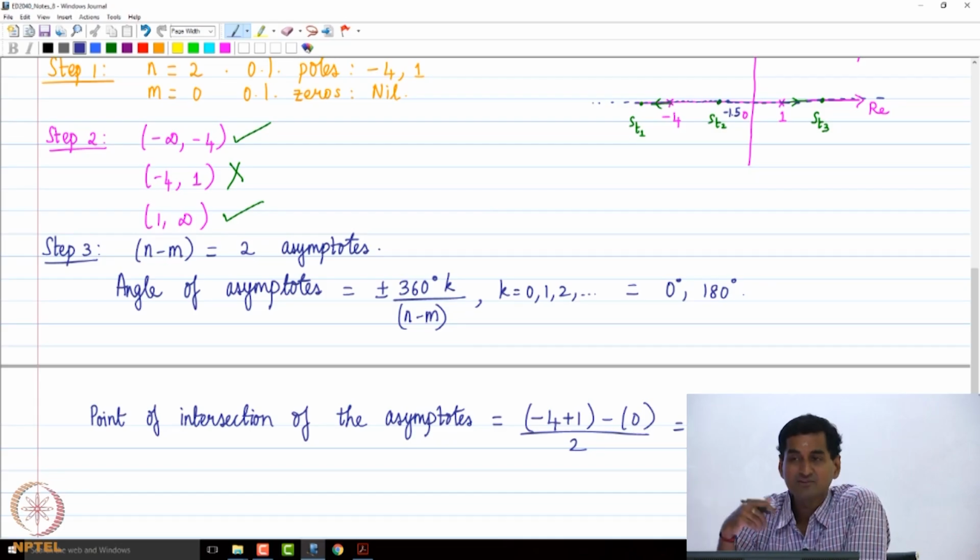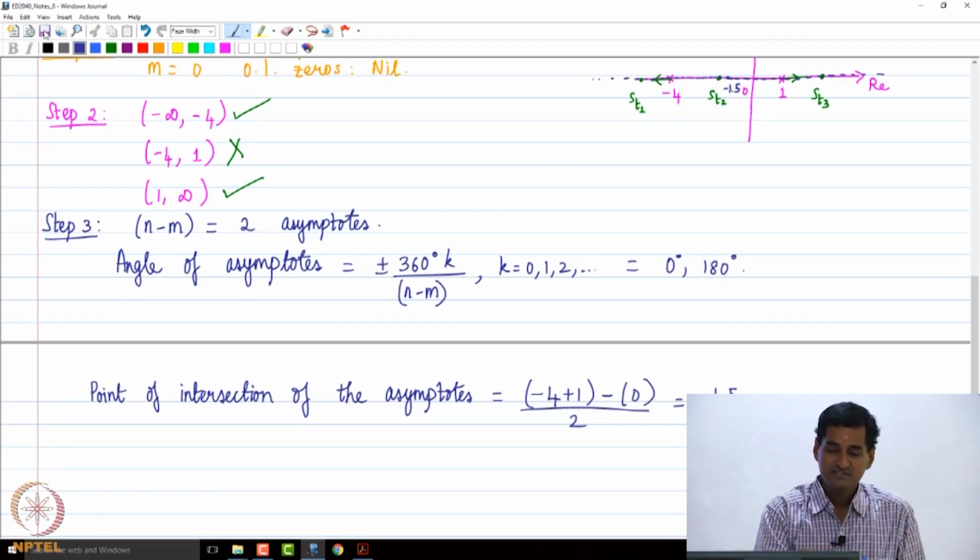That is what this calculation tells us, because there are two asymptotes that are supposed to intersect at minus 1.5 and supposed to make an angle of 0 degrees and 180 degrees with the positive real axis. So obviously, they have to travel along the positive real axis and negative real axis. Those two are going to be the asymptotes, as far as this particular root locus is concerned.